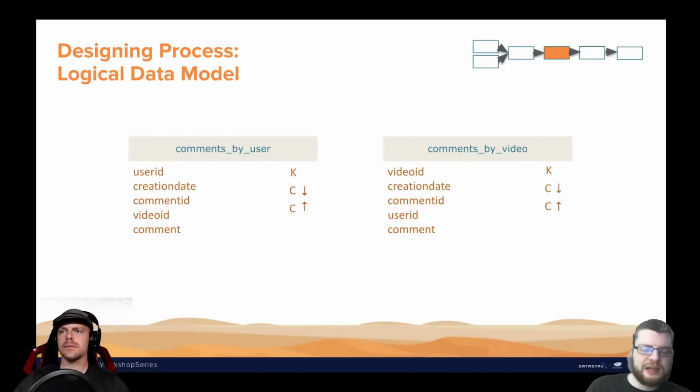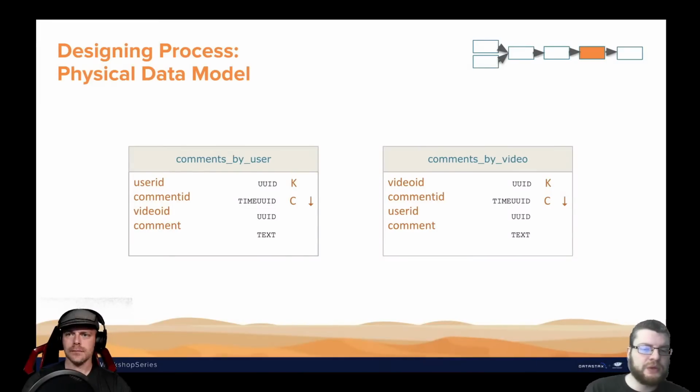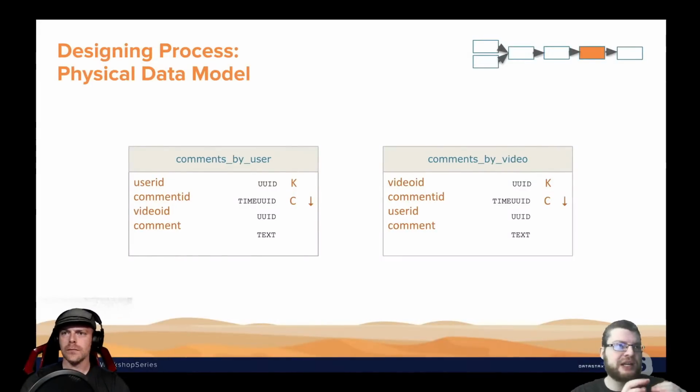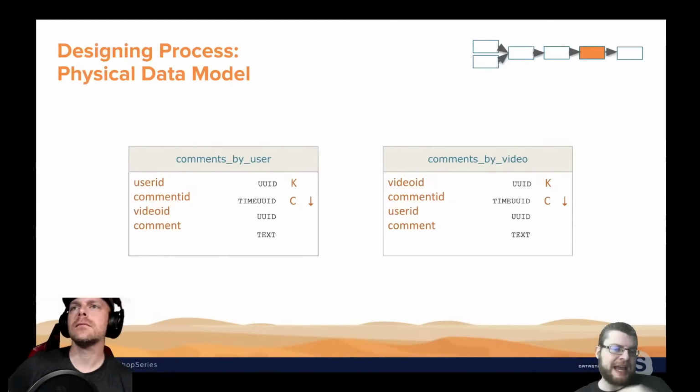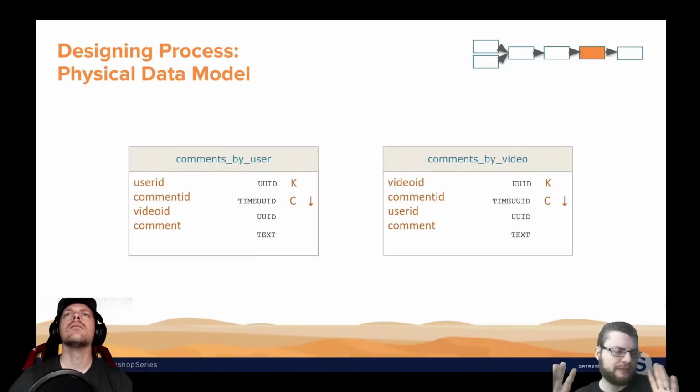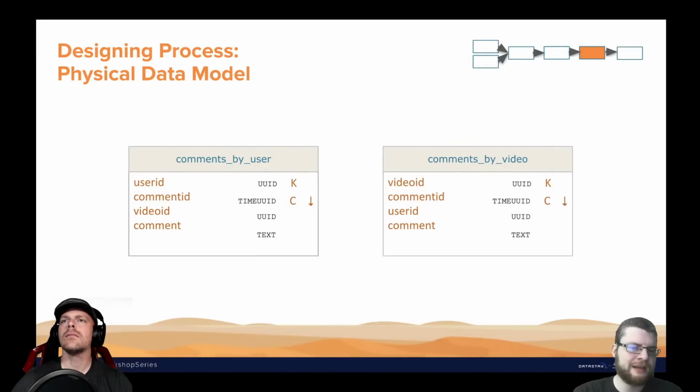There's an interesting thing we can do here, though, because this primary key would have 3 parts. We can actually get by with 2 parts if we use what's called a time UUID, which is essentially a UUID with a timestamp built into it. It's a single object that almost stores 2 different pieces of unique data. So it provides uniqueness but has a timestamp built in. Really cool little nifty type in Cassandra to use.